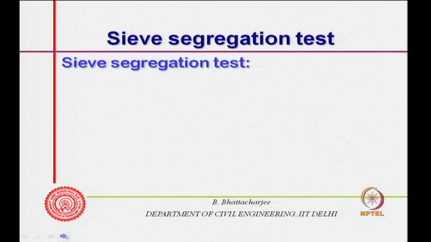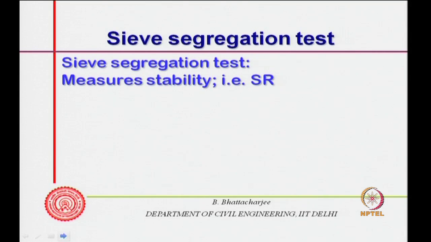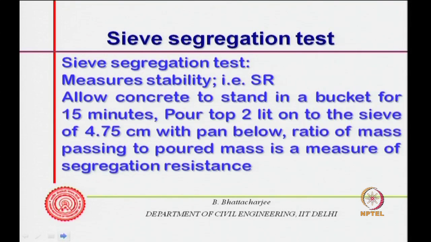Now, this test measures segregation resistance. What you do is allow the concrete to stand in a bucket for 15 minutes. Two dimensions of this system will be fixed. Pour the top 2 liter on the sieve of 4.75 millimeter.